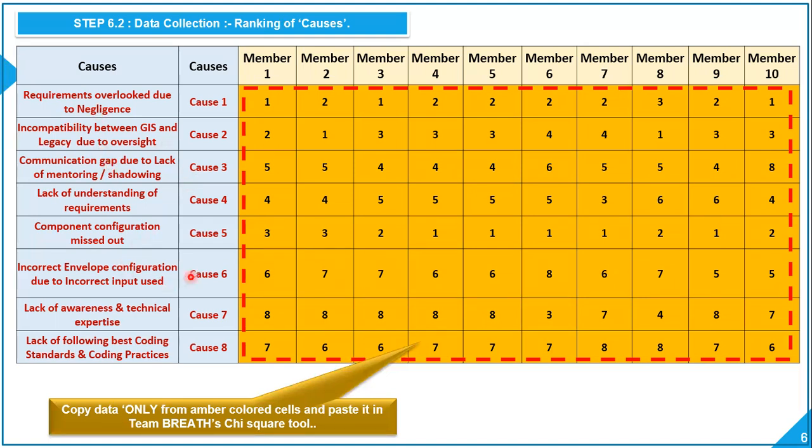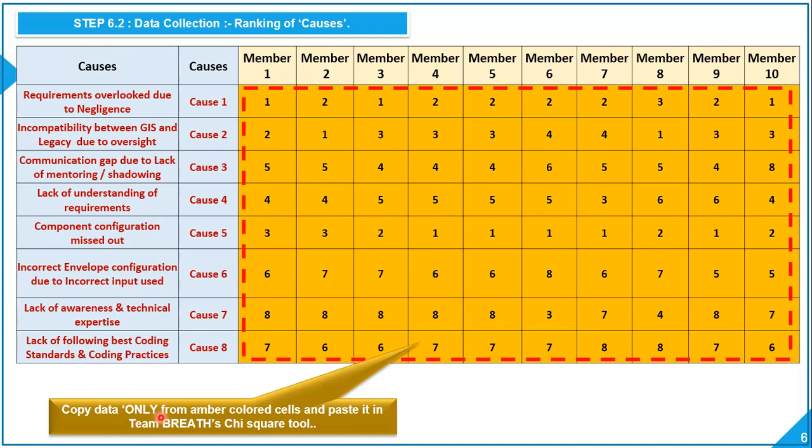Once that is done, of course, we'll give them a sheet of paper where they'll put it down. Then we collect it together and type it in a spreadsheet, and this will look like this. So 8 causes, cause 1 to cause 8. Member 1 gave this ranking to all these 8 causes. Member 2 gave this ranking, and likewise all of them gave rankings, and we collated it in a spreadsheet. This is what we have.